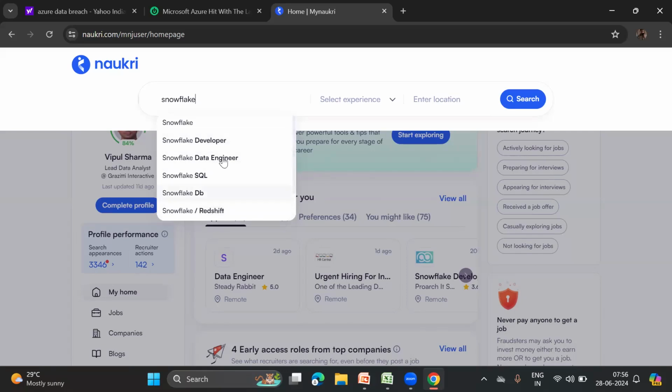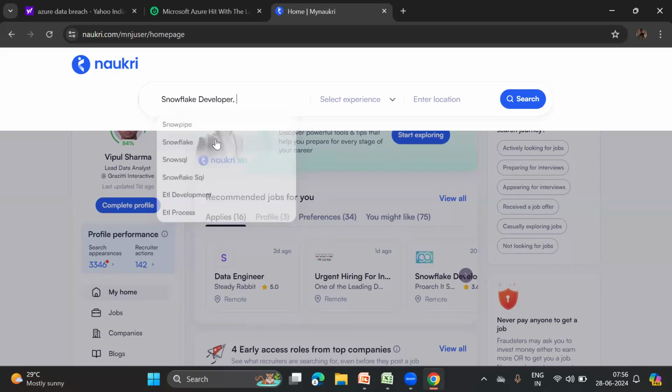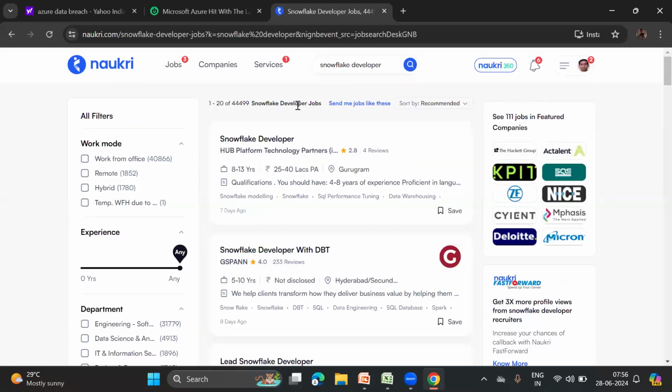You can apply for all these roles, because we will be covering Redshift, databases, SQL, data engineer, and data developer. Then you can go with experience and your location.